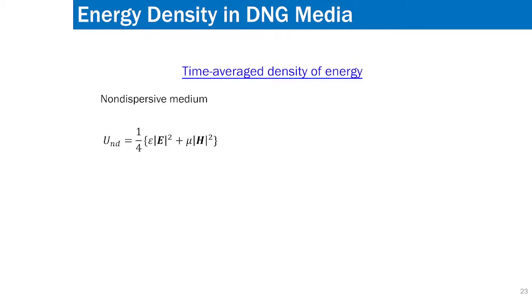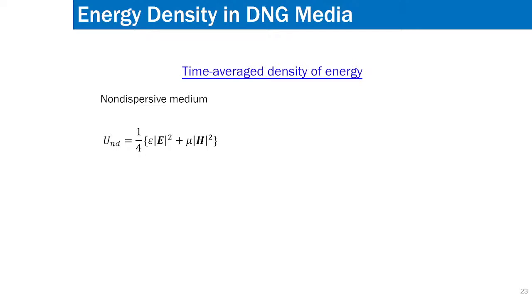In the non-dispersive medium, the energy density U_ND, where ND stands for non-dispersive, has the formula 1/4 (epsilon |E|^2 + mu |H|^2). Now epsilon and mu both are negative, therefore energy density is negative, which means that energy is being created out of nowhere. But energy cannot be created out of nowhere because of the conservation law of energy.